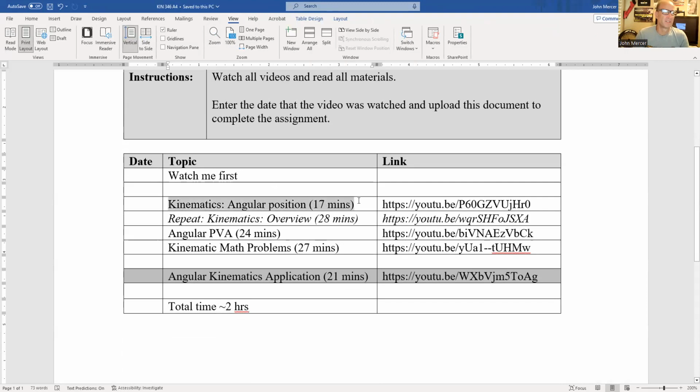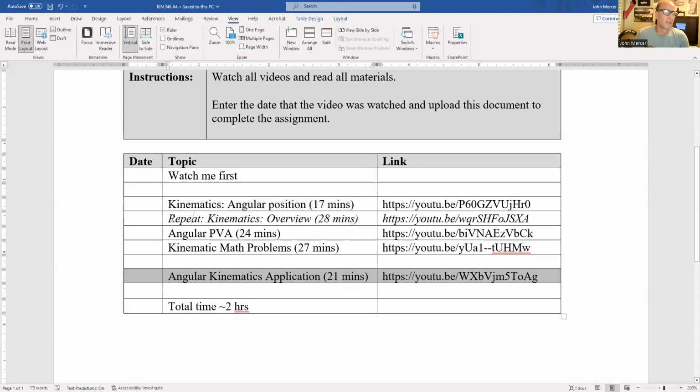So I've got angular position here, and just as I said, this is one of the key differences between linear kinematics and angular kinematics: the different ways to quantify position in the angular world. I go through absolute and relative angles quite a bit in this presentation.